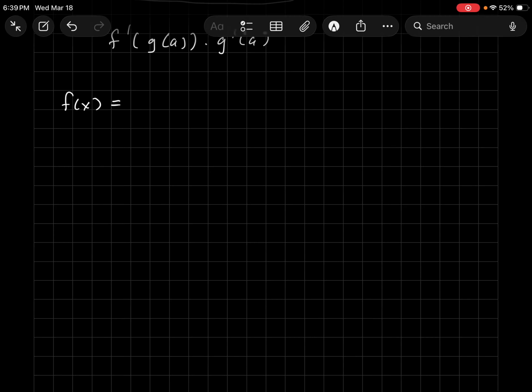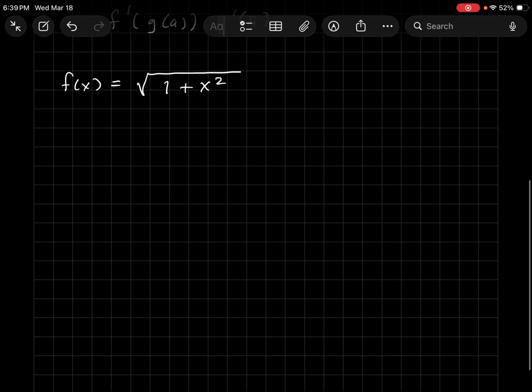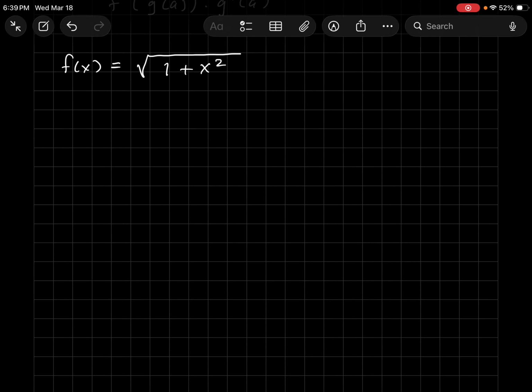So let f of x equal the square root of 1 plus x squared. When I'm doing these problems, I usually say there's an outside part and an inside part. What do I mean by that? Notice that I could rewrite this as 1 plus x squared to the 1/2.